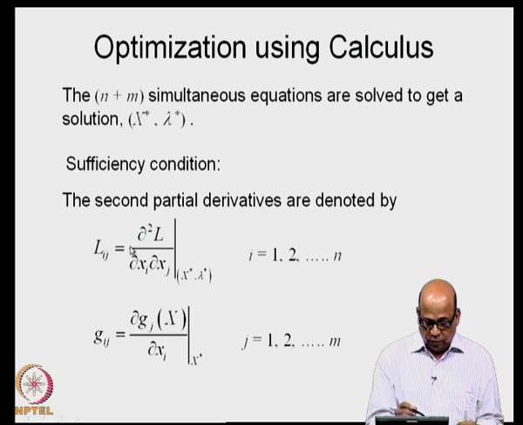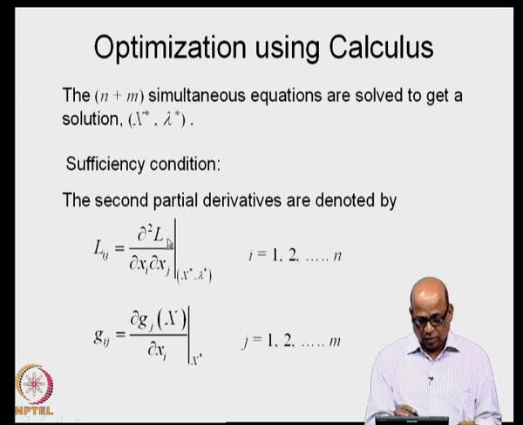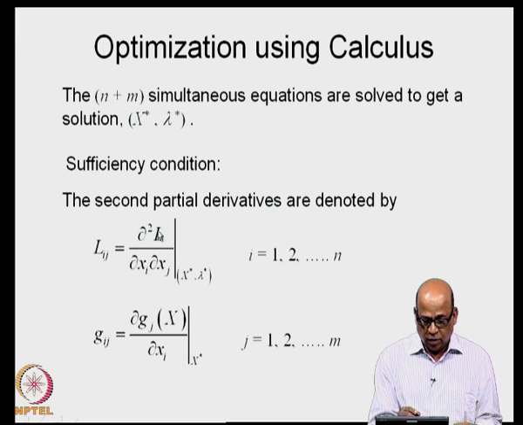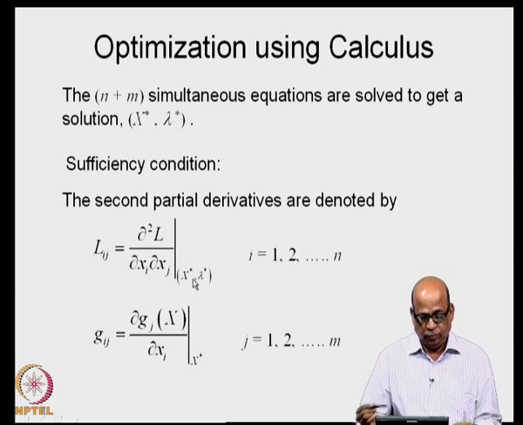So, we will see here, we will define Lij. Be clear on the notation. We define Lij as the second derivative of the Lagrange L with respect to the two variables xi and xj. So, Lij is the second derivative of the Lagrange L with respect to variables xi and xj evaluated at the stationary point x star, lambda star.